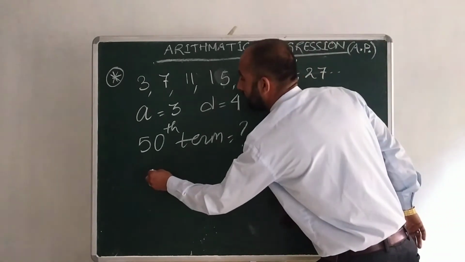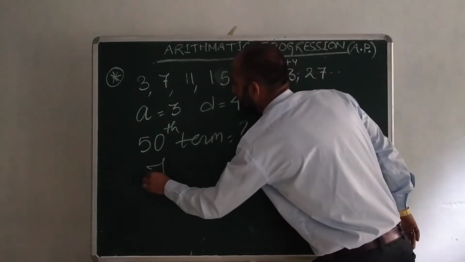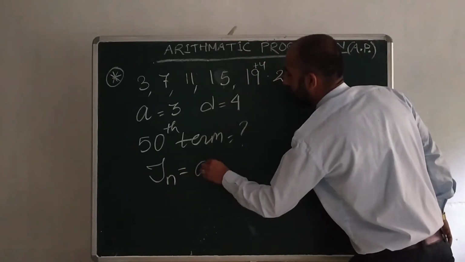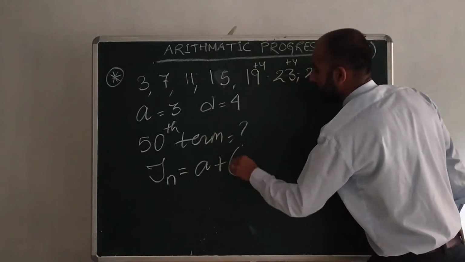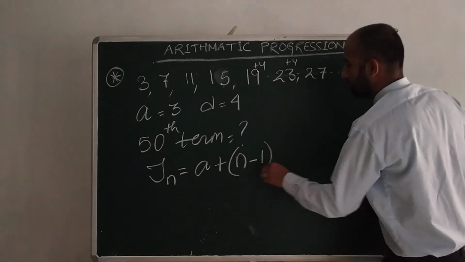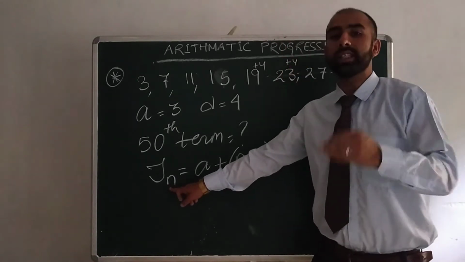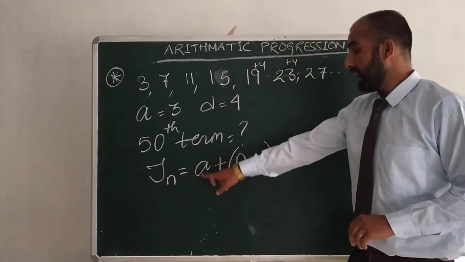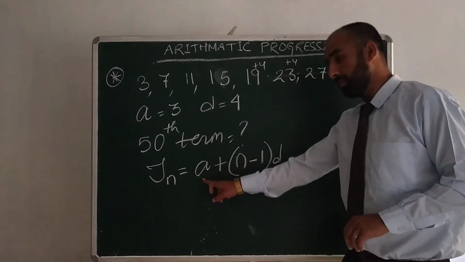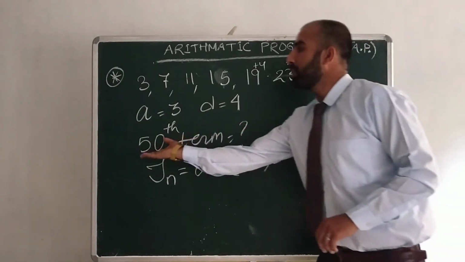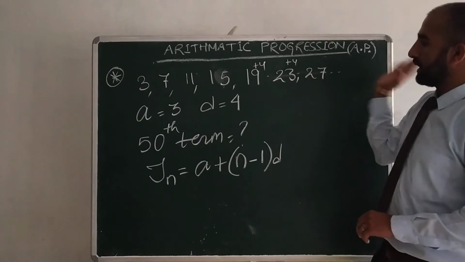So, the term formula says that Tn equals A plus n minus 1 D, where n means which term you are going to find. A, obviously you know, is the first term. D means common difference.